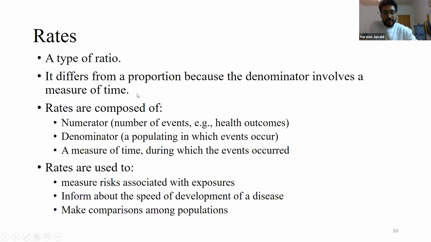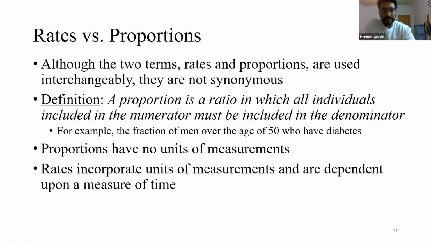It differs from the proportion because the denominator involves a measure of time. So we can't call it a proportion. It's a type of ratio. It is the number of events that occur in a given period of time. Whenever we say death rate, we always say deaths that occurred in this time period, in 1 year or something. So rates are always related to time.